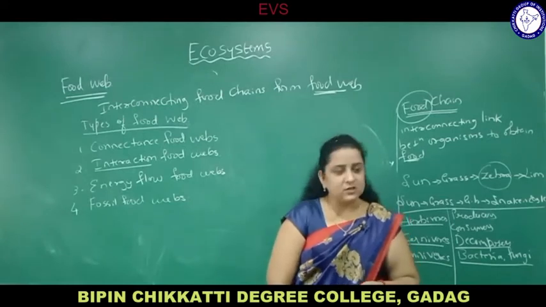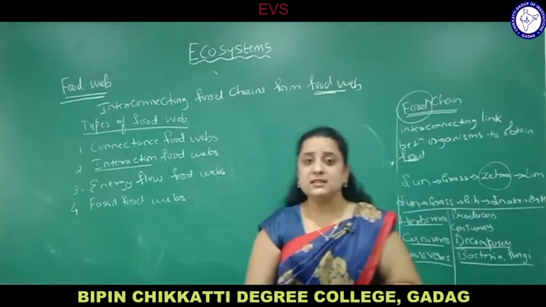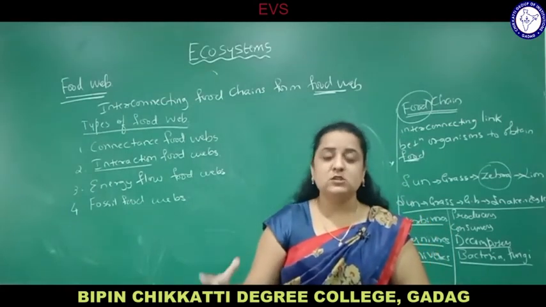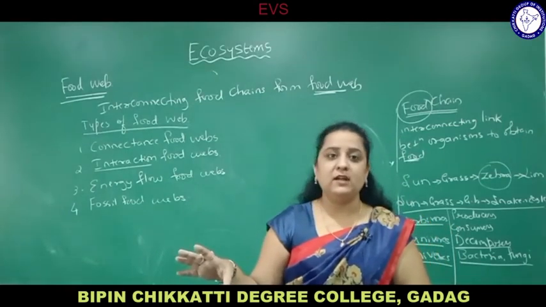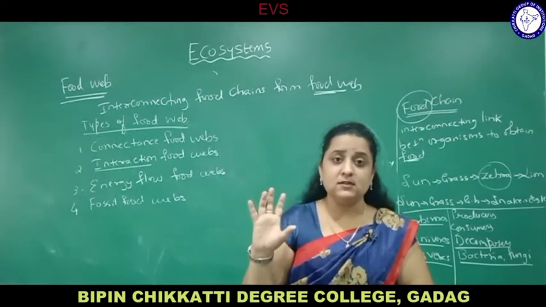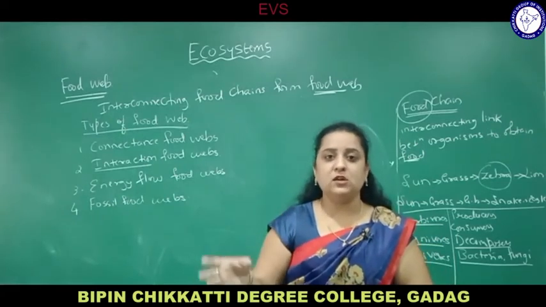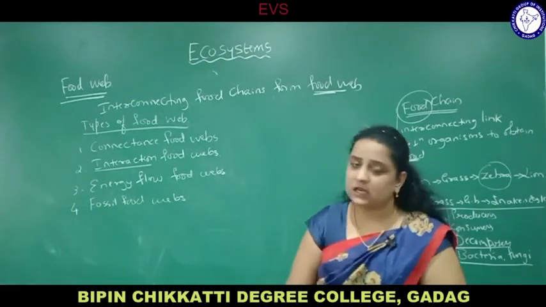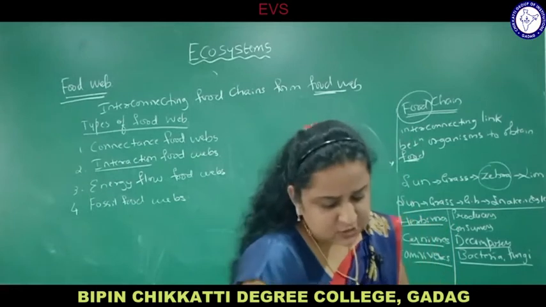Some food chains are functional, some are non-functional, but still they can be found by looking at the fossils. By looking at the fossils of an animal or plant, we can come to know that these organisms may have been interconnected long years ago, or may have formed a food chain or a food web. So by keeping the record of fossils, we can say that there are fossil food webs. Then coming to functional food webs.